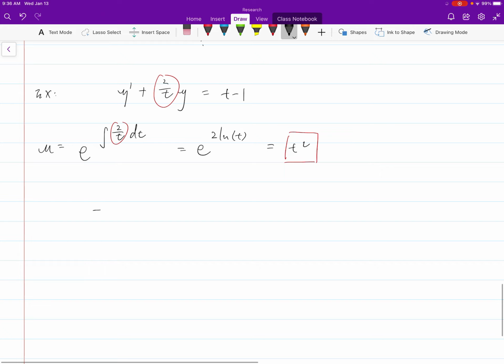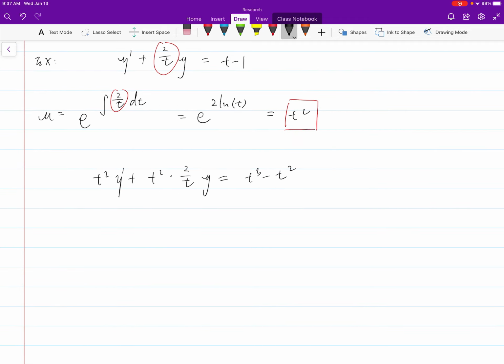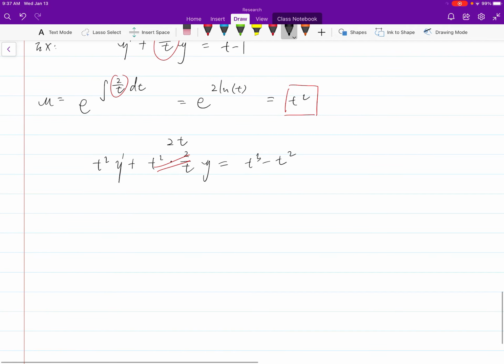Then what I want to do is take this one and times t squared on both sides. All right, this part becomes 2 times t. Now you can clearly see this is going to be t squared y prime.